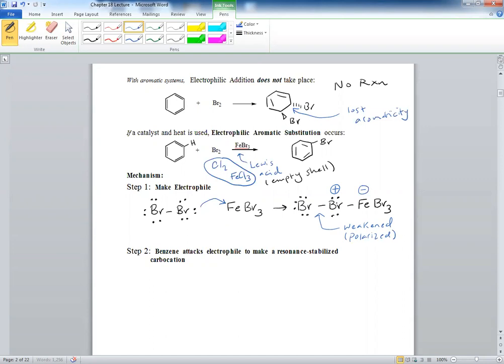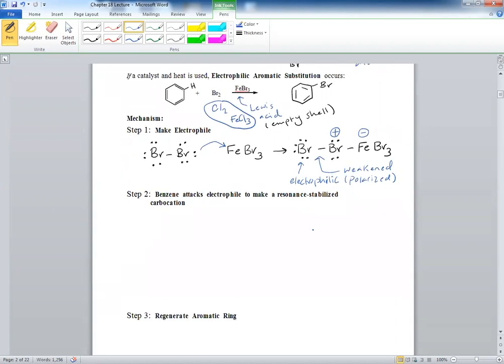No bromine wants to have two bonds, so one has to break. And this one is going to break, making this bromine electrophilic. So again, this is a weakened polarized bond.